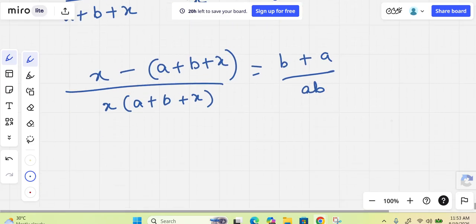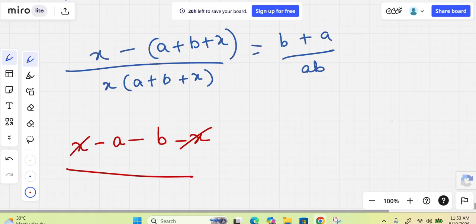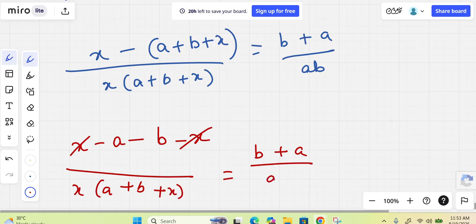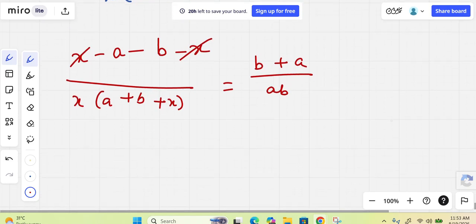After that, what are we supposed to do? Let us open the bracket. Minus a minus b minus x. Do you see something? Can I cut these two? Do we not open the lower bracket?